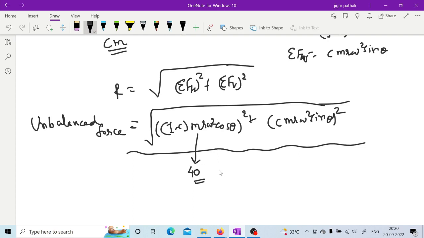So R is provided as 0.175, C as 0.6. Then omega you have to calculate from RPM, that is 15.7. Theta is given as 45. So what are you getting for this unbalanced force?